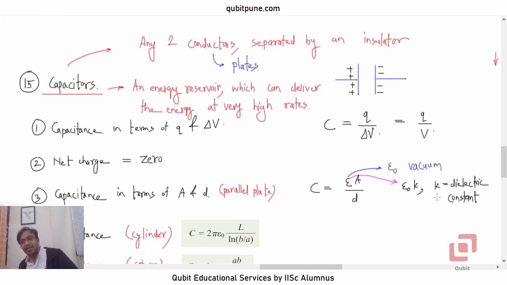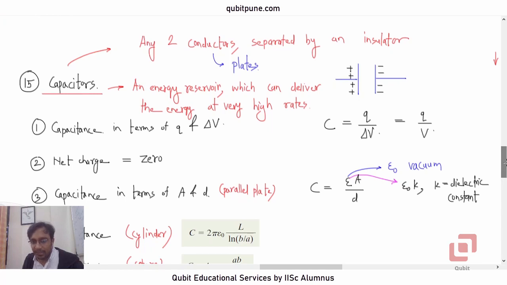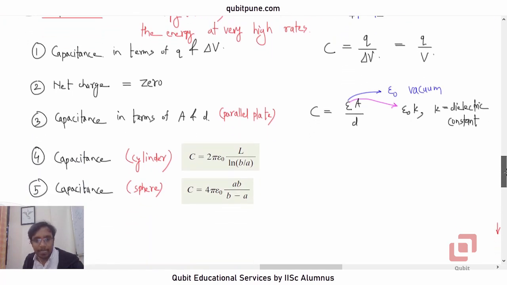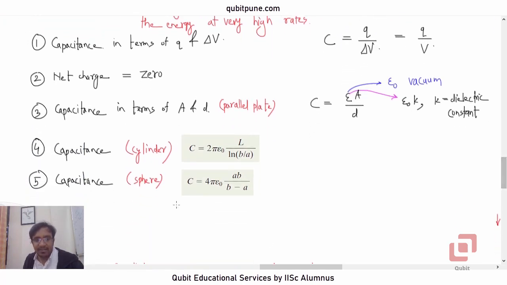For vacuum it is 1, for air it is approximately equal to 1 but slightly greater than 1, and for other substances like water, the dielectric constant is 80. There is a table given in your book, and even in our notes, for dielectric constants. It is not mandatory to remember the values, but just remember that dielectrics always increase the capacitance of a capacitor.